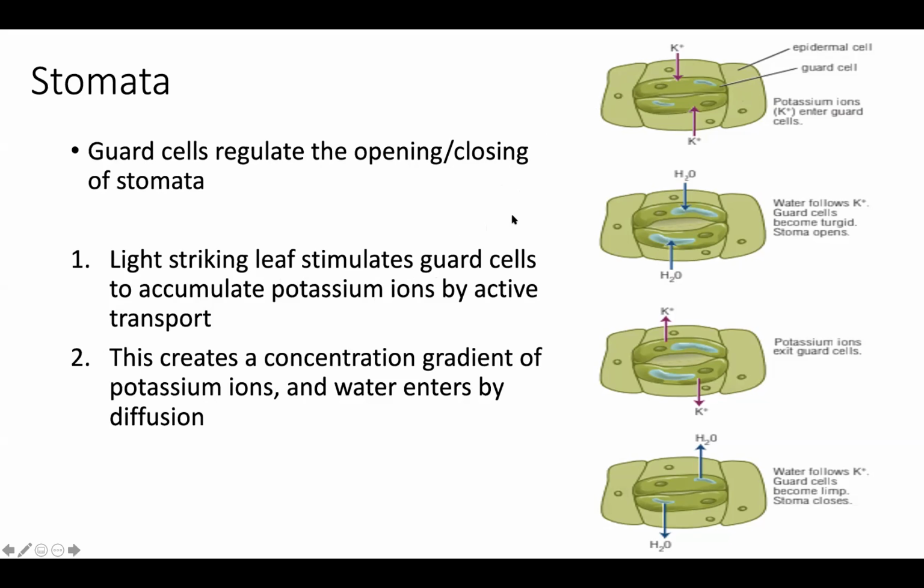Step 2, so once there is more potassium inside of the guard cells, now we're going to have a concentration gradient on the inside and the outside of the guard cells. So water is going to enter by diffusion because it wants to minimize that concentration gradient.